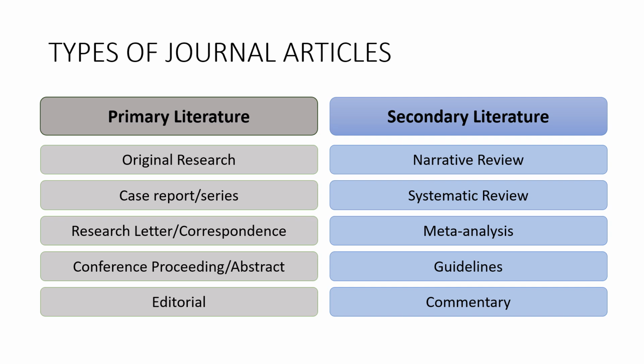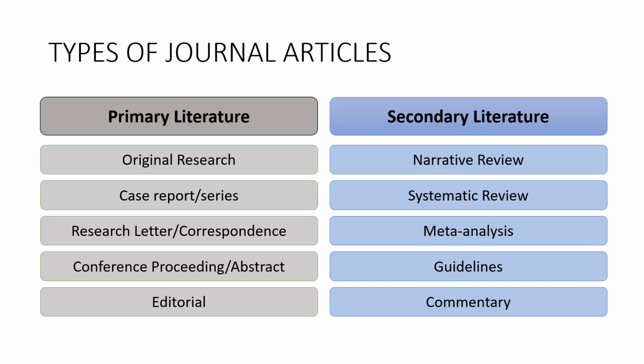Sometimes the findings and observations of the investigators don't need a full-length paper, and in this case the authors may opt to send a research letter or a research correspondence. Conference proceedings and abstracts are another form of publication.